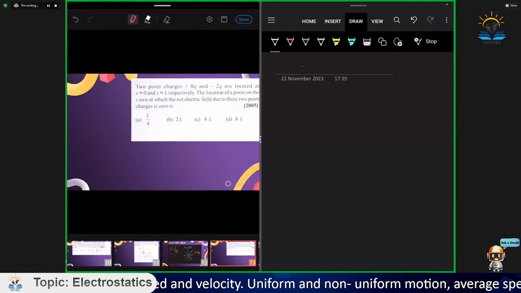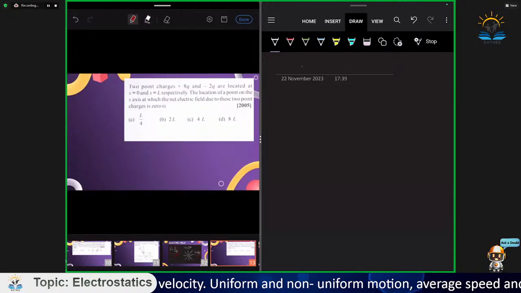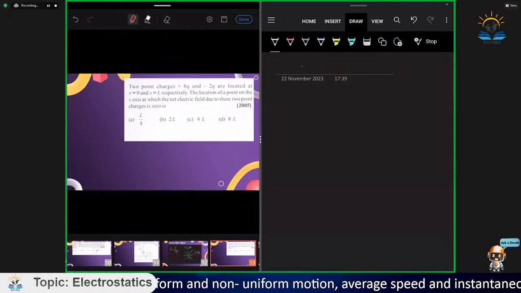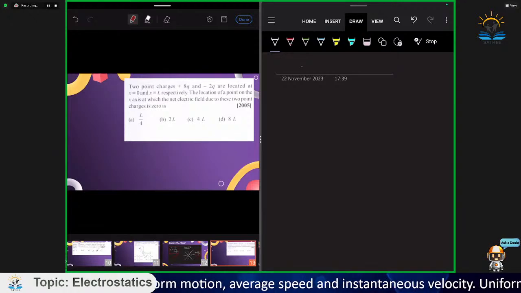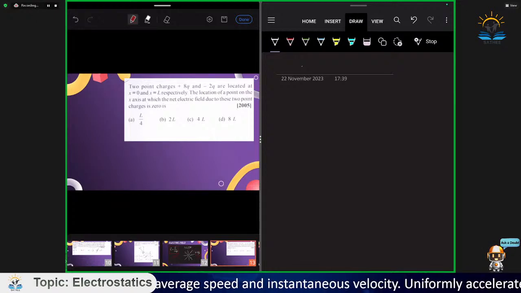So this is the question. Two point charges plus 8q and minus 2q are located at x is equal to 0 and x is equal to L respectively.